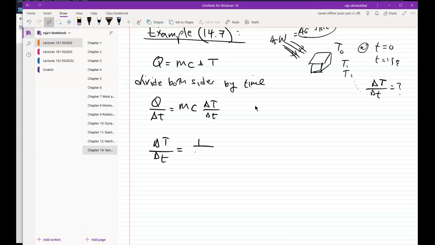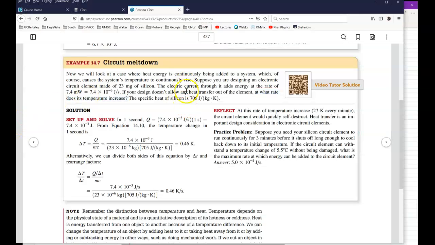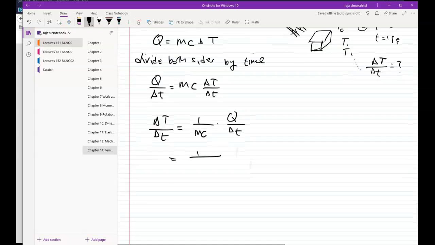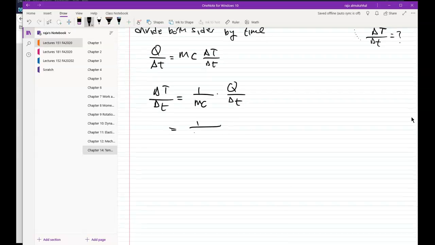That gives me 1 over mc times Q over delta t. So 1 over m here, I forgot what it is. What is he saying? Suppose you're designing an electric element. Okay, there we go. The element has a very tiny mass, 23 milligram of silicon, and he gives you the specific heat of silicon. So here I have the mass, 23 milligram times 10 to the negative 3.